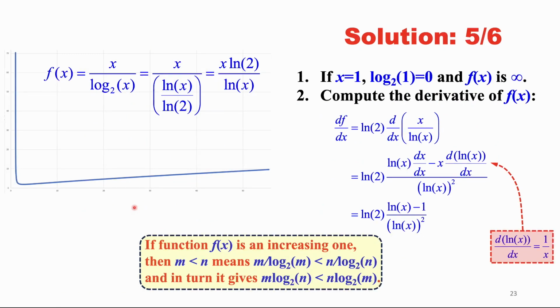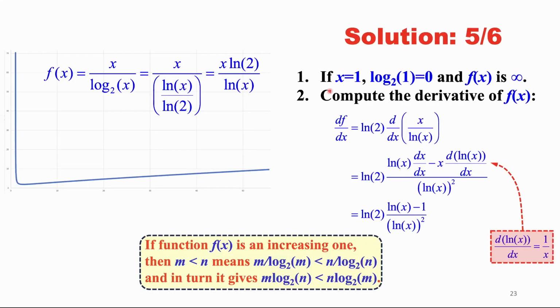Is it difficult? No. This is the function value of fx. We rewrite this log 2 by taking natural logarithm. So log 2 of x is equal to log x over log 2. So fx is x times log 2 over log x. Now, when you see log x in the denominator, you know there could be some trouble.